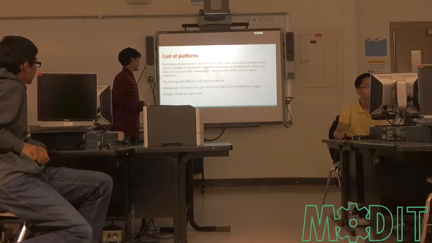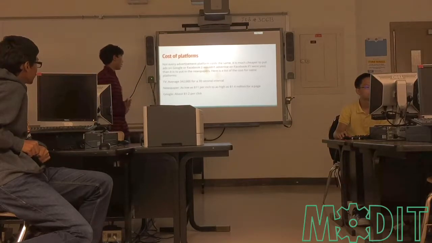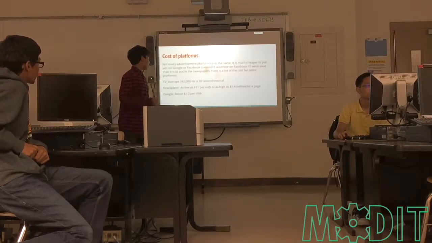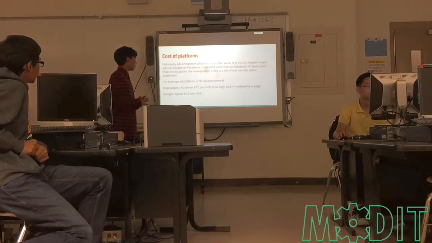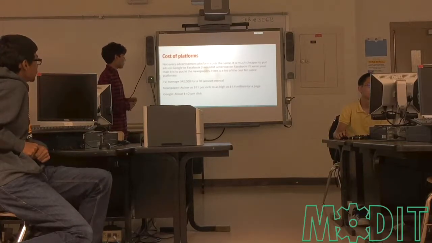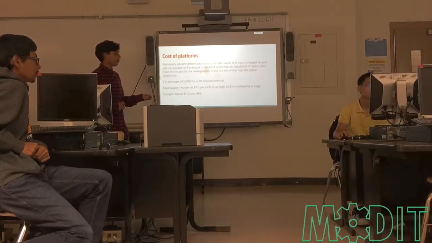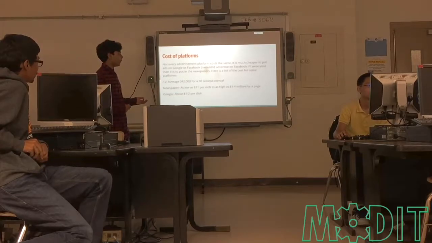So, right here, there's a list of some of the costs on certain platforms, such as TV. There's on average around $342,000 for a 30-second interval, which is a lot of money, to be honest. Newspapers, it can be as low as $11 per inch, but as high as $1.4 million for a page, such as in the Sunday edition of the New York Times.